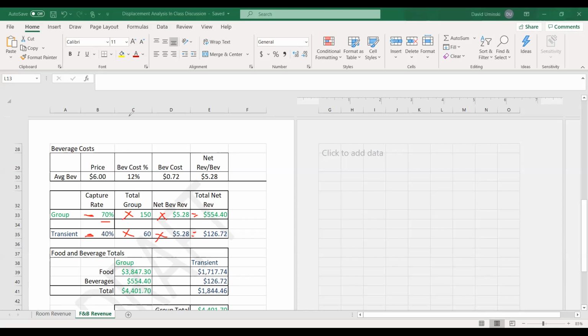If we know that a lot of their guests are going to come down to the bar at nighttime after the meeting's over or after the group dinner is over, we want to make sure that our bar is staffed. And so these are questions we're going to ask them as well.